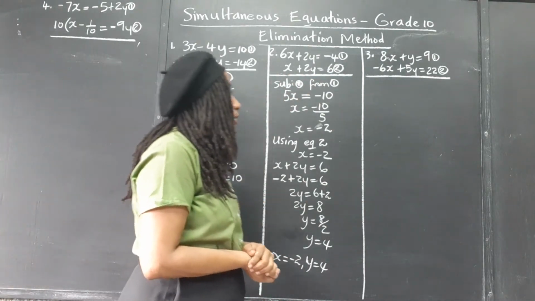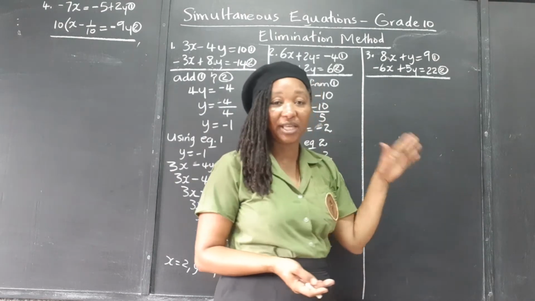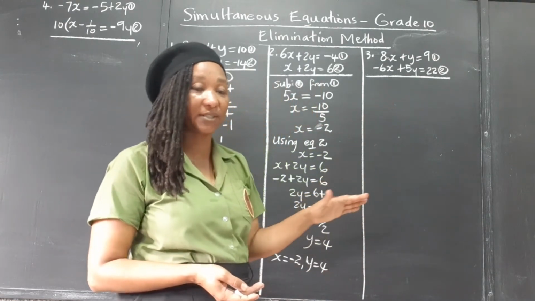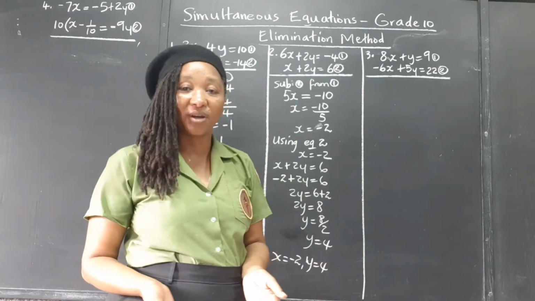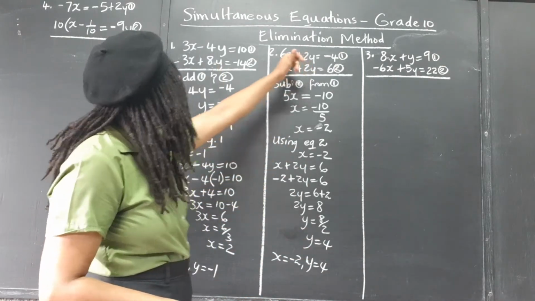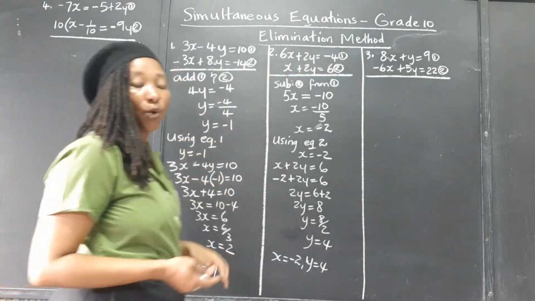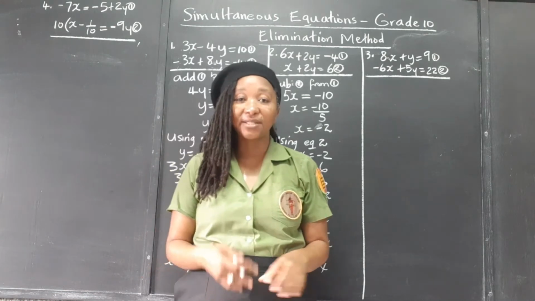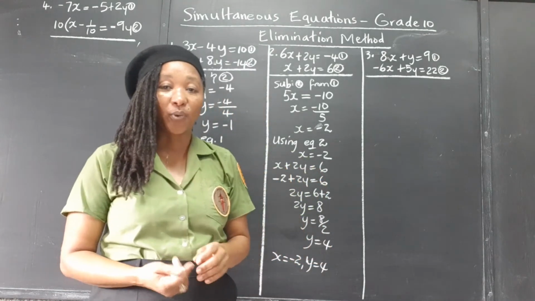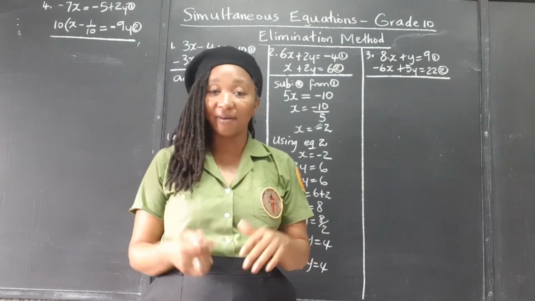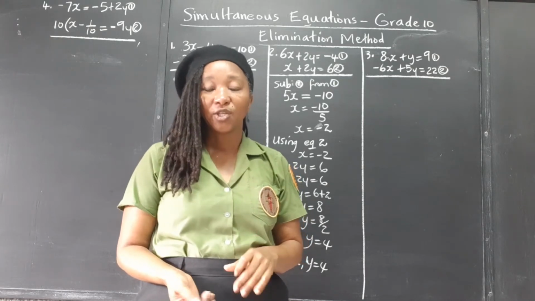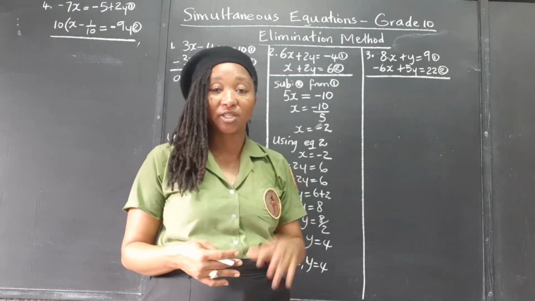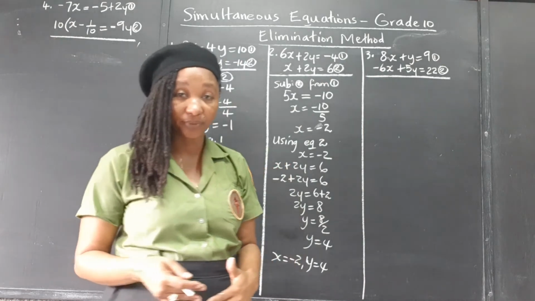Alright, now like I told you, for this pair of equations, we don't have the same coefficient like what we had here or here. So we need to manipulate the equations in such a way as to have the same coefficients so we can either add or subtract to eliminate that variable.